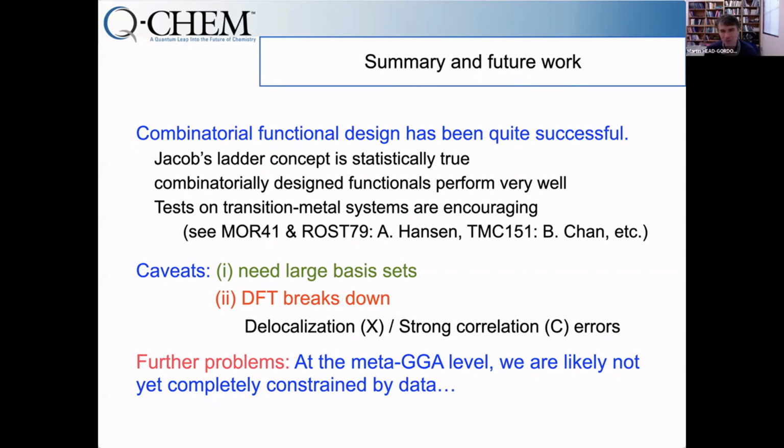So in that case, we shouldn't have any strong correlation errors, if we had an accurate functional, of course. So I cannot really see directly why there should be such a huge increase in the error due to the strong correlation of DFT.